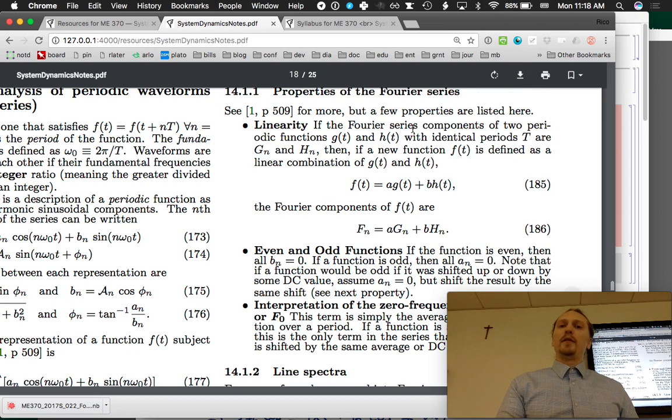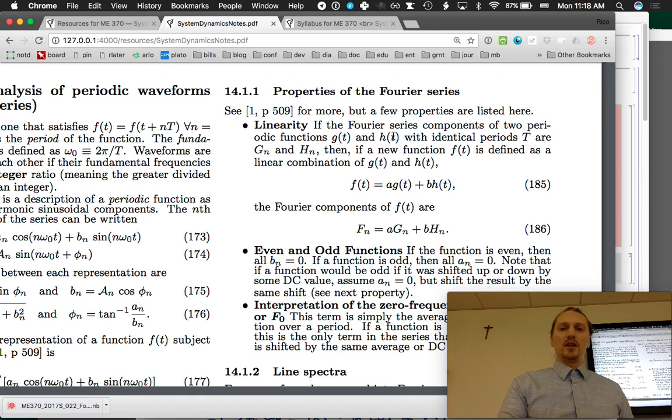So if the Fourier series components of two periodic functions, g and h, with identical periods T are gn and hn, then if a new function f of t is defined as a linear combination of g and h, such as in 185, the Fourier components are just the linear combination of Fourier components.